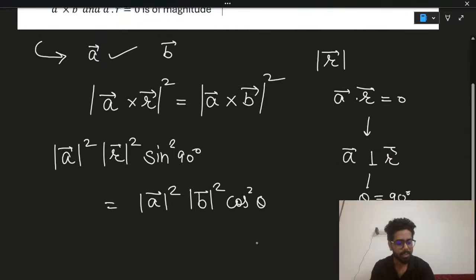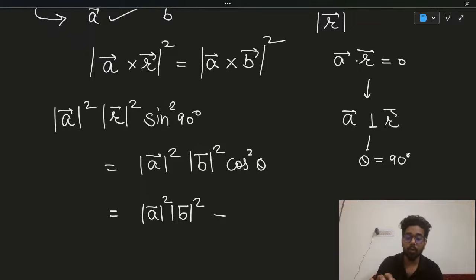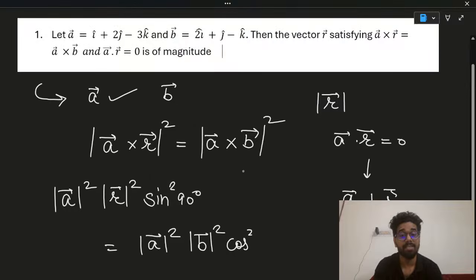No problem, guys. There is nothing to worry about. What we are going to do, I am going to write cos square theta as 1 minus sine square theta. So magnitude of A square, magnitude of B square, multiplied by 1 minus sine square. Okay, sorry, my bad. When we are having cross multiplication, keep in mind that this is not cos, this is sine square theta.